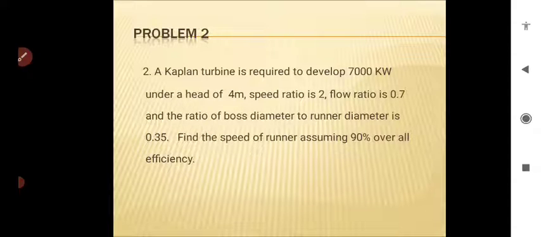Okay, now write the given data. Power developed P is equal to 7000 kilowatt, and head capital H is equal to 4 meter.